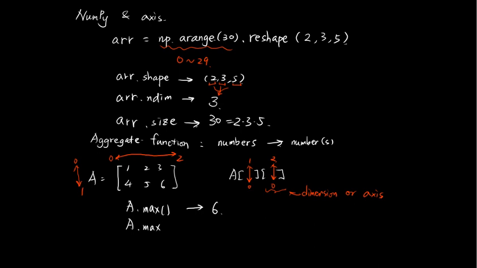If you again do the max with axis equal to 0, then you will see that this one is axis 0, this is axis 1. If you set up axis 0, then you will take the maxima with respect to axis 0, and you will output 4, 5, 6. So for each column, you will find one maxima.